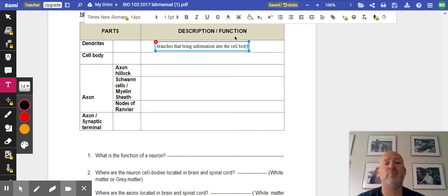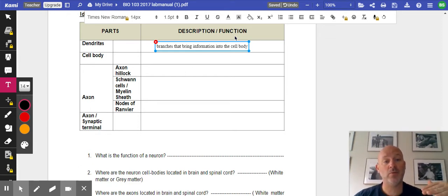So if the dendrites are bringing graded potentials, which are small signals, into the cell body, and it reaches a certain level, which we call the threshold, then that cell body will generate a brand new impulse and shoot it down the axon.